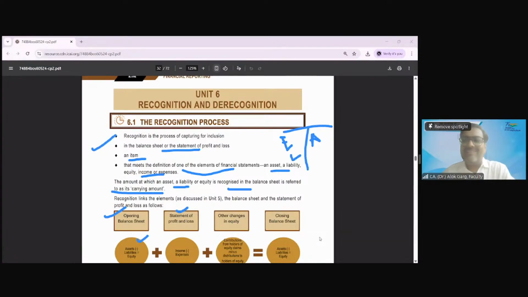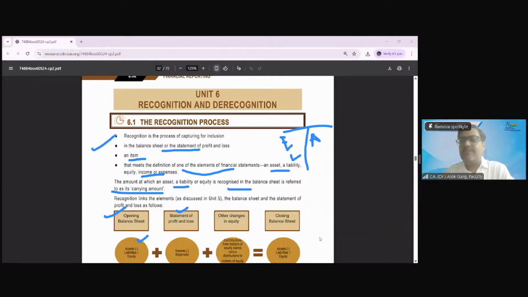What is the equity? 400. Equity is equal to assets minus liability, right? Shareholder funds is equal to assets minus liability. Net assets is equal to asset minus liability. So you have the 400 rupees of equity. Equity means equity share capital plus reserves and surplus.